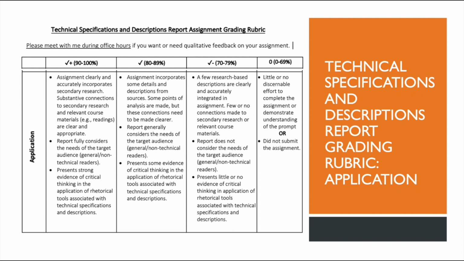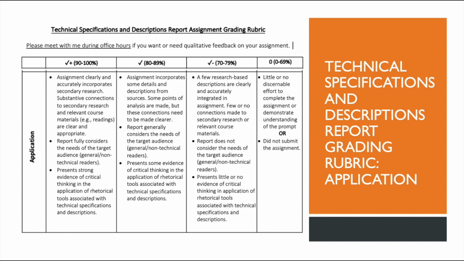In terms of application, your report should clearly connect secondary research to your points of description and analysis. Rather than including freestanding quotations in the text, create textual links to research claims and support with your own ideas and expertise.